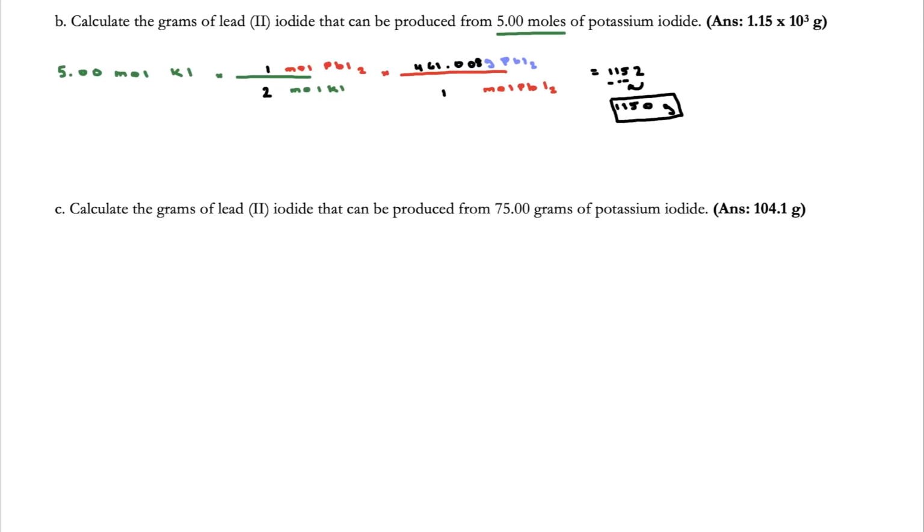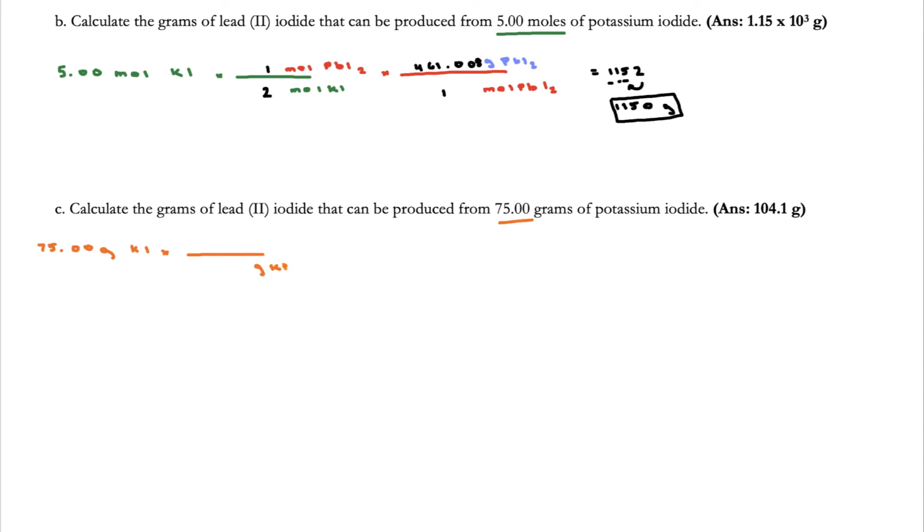All right, for the last one, it asked me to calculate the grams of lead iodide that can be produced from 75 grams of potassium iodide. All right, so here, instead of being in moles of potassium iodide, I am in grams. So I'm going to start with my 75.00 grams of potassium iodide. I'm going to get out of grams of potassium iodide by putting it on the bottom, okay?